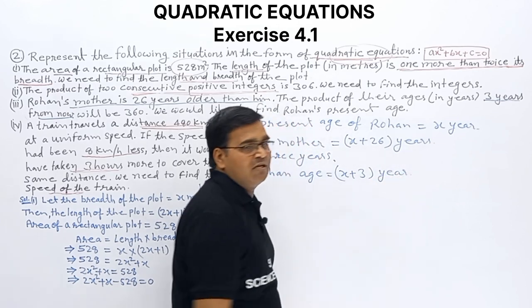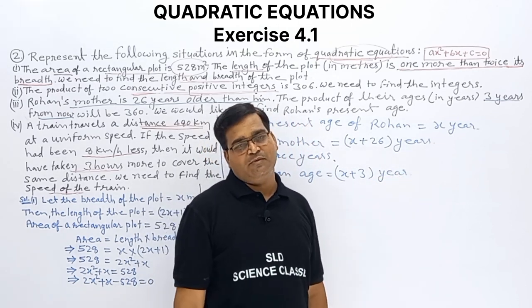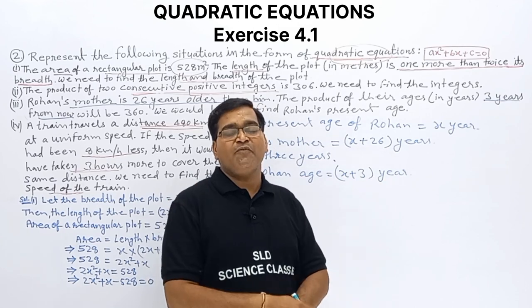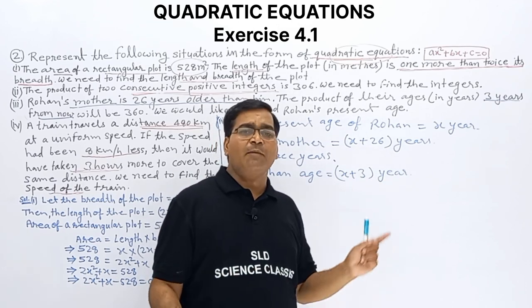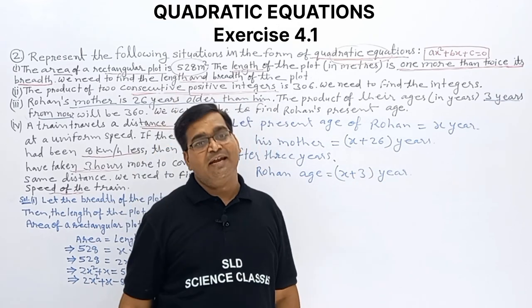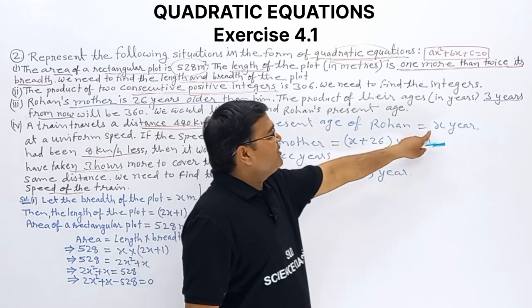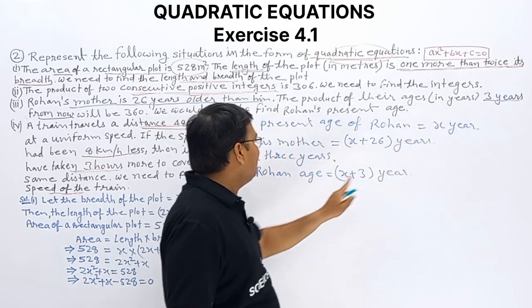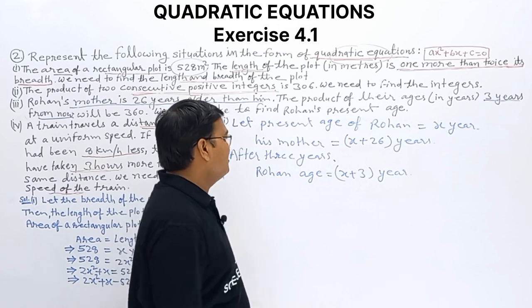If Rohan's present age is 10 years, then after 3 years it will be 10 plus 3, 13. Similarly, the present age is x years, so after 3 years, x plus 3 years.